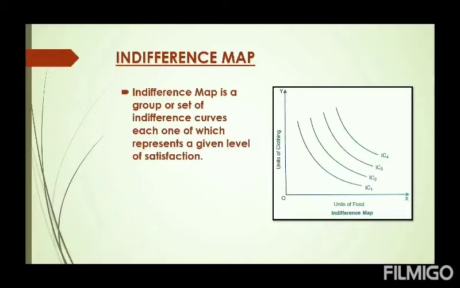Then IC3, IC2 and IC1, among these 4, IC1 is giving the lowest level of satisfaction, which means higher indifference curve shows higher level of satisfaction. Simply what you need to do in indifference map is, indifference map's definition is only there in your syllabus. So indifference map means a group or a set of indifference curves where each one of them represents a given level of satisfaction.